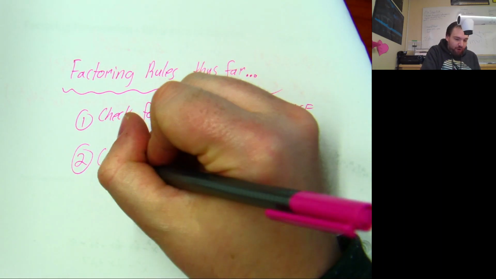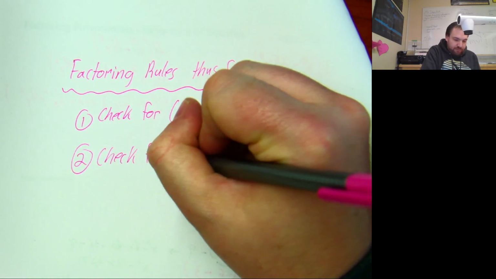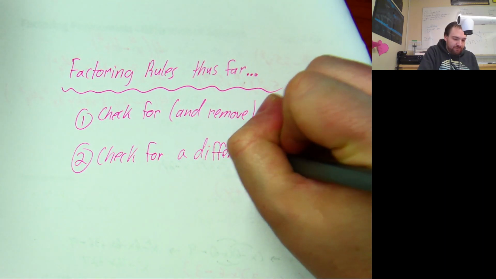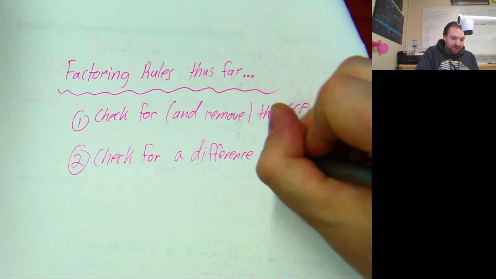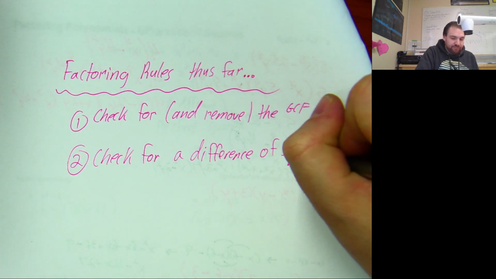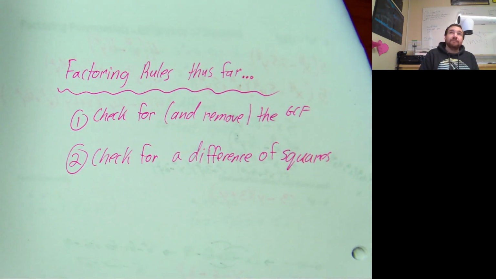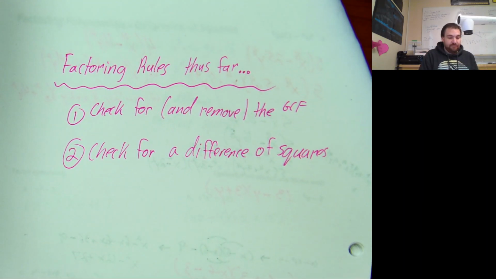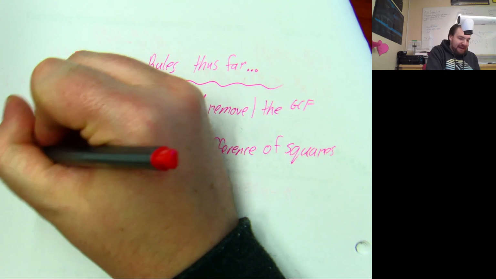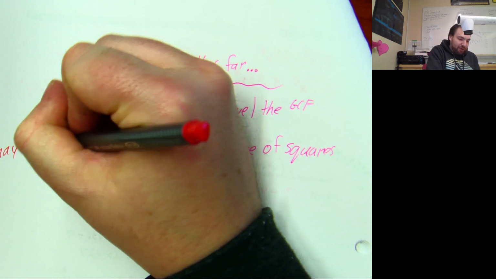You want to check for a difference of squares. Because if there is one, you're done, and it's easy. This step, and it's important to recognize here, this step right here, this may happen multiple times.